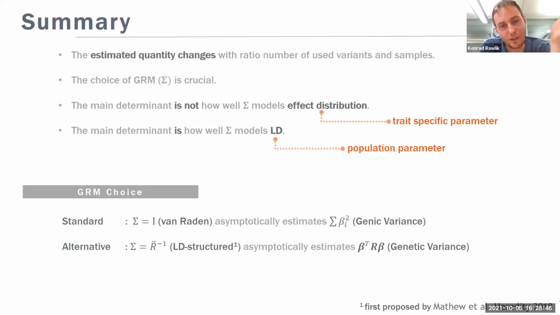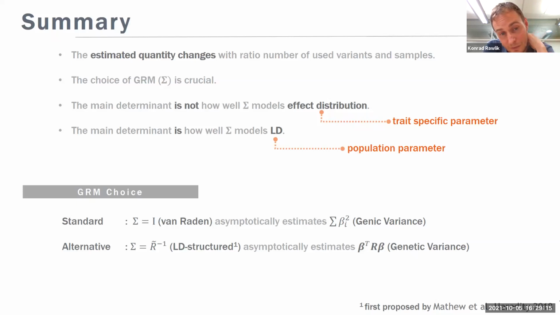And we can look at two alternative G-REML choices. On the one hand, the standard G-REML, which was first proposed, I believe, by Van Raden, and which corresponds to a choice of an identity matrix for your sigma. If we plug it in and look at what happens asymptotically, you are essentially estimating what's called the genic variance, which is just the sum of squares of the SNP effects.